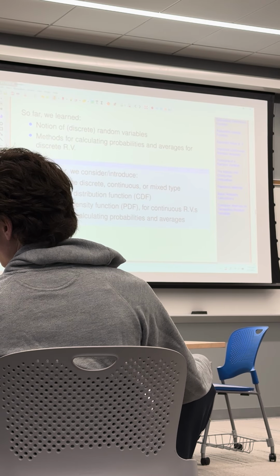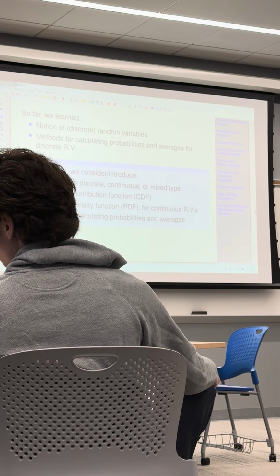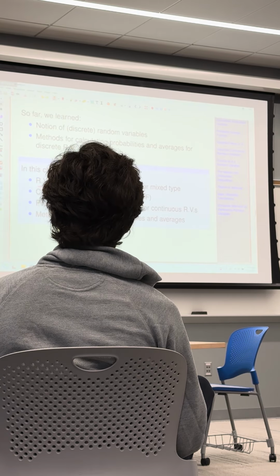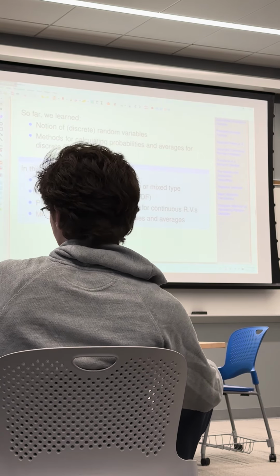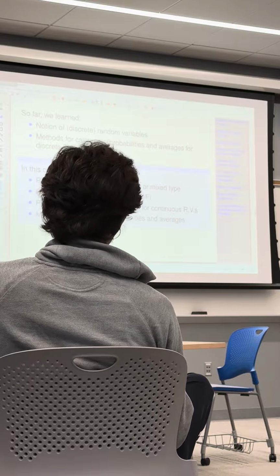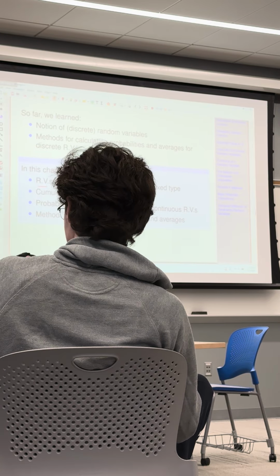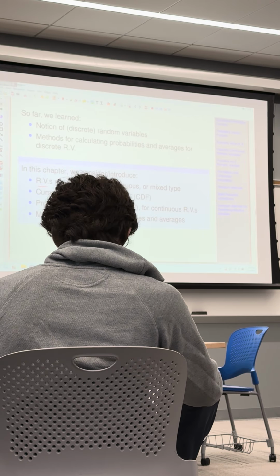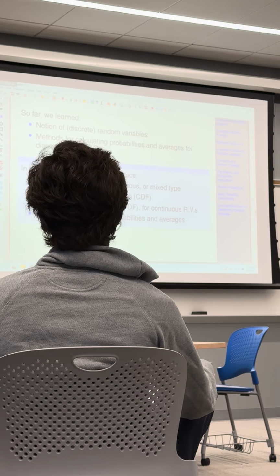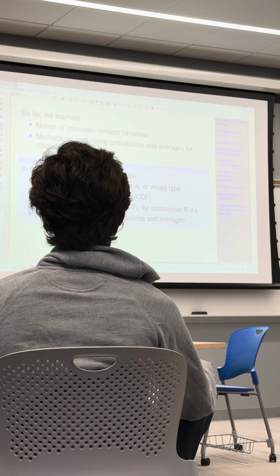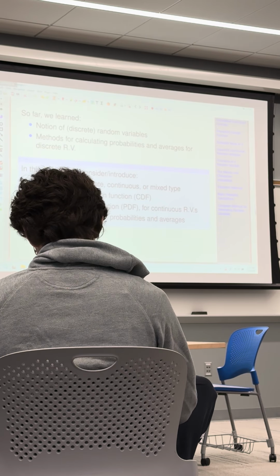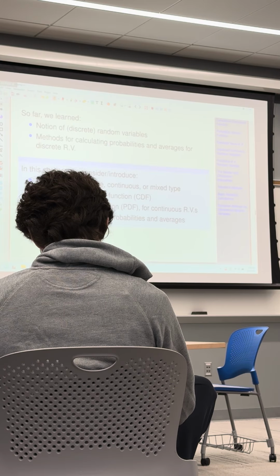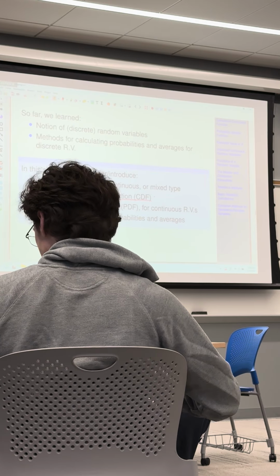We are going to introduce random variables that can be discrete. Again, a discrete random variable is a special case of a continuous random variable, and that is what we are going to study in this chapter. Mainly we are going to study random variables that could be discrete, continuous, or mixed, discrete and continuous. A mixed type of variable.